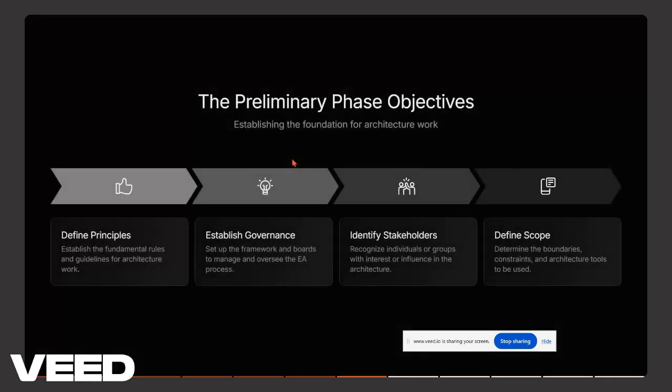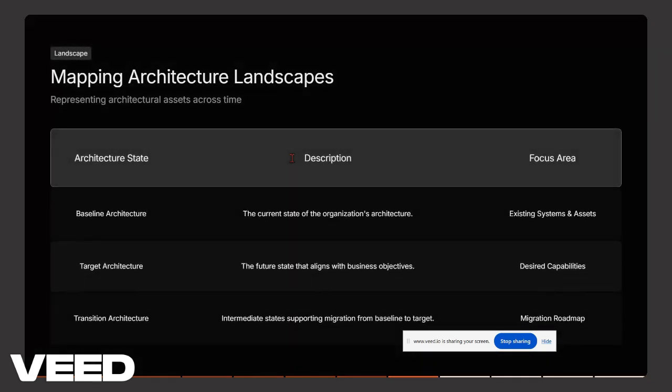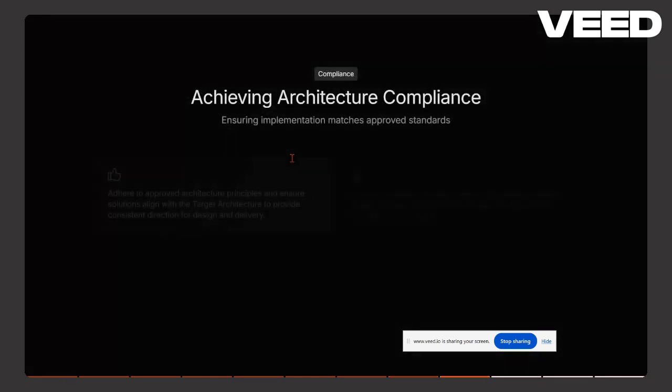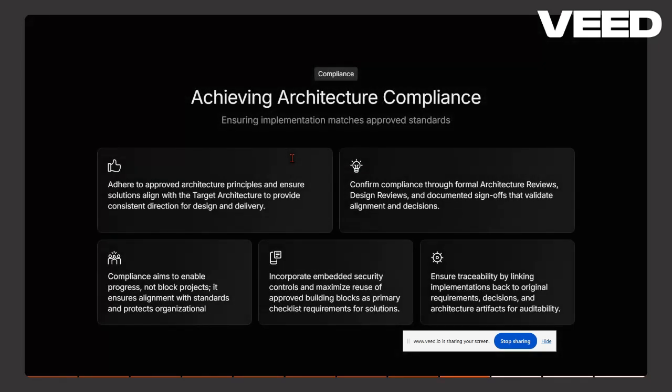The preliminary phase objective is to define the principles, enable the governance, identify the stakeholders, define the scope, and map the architecture landscape. Let's talk about the architecture stages and focus: baseline, and achieving architecture compliance.